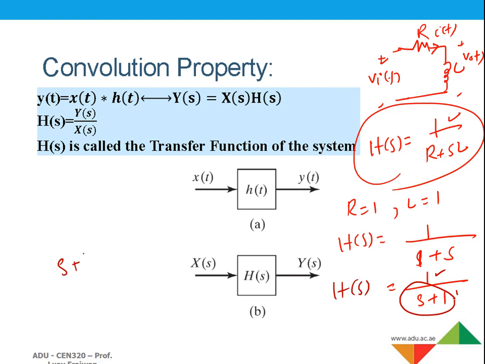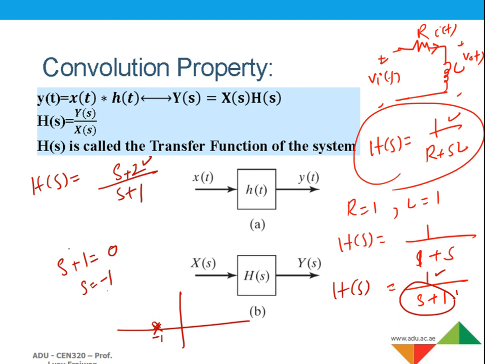We can calculate the poles by setting this equal to 0, so s is equal to minus 1. If we draw this, we have a pole at minus 1. For example, let's say I have another transfer function which looks like this one.